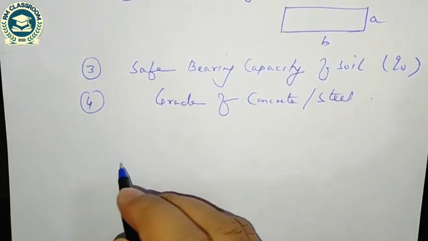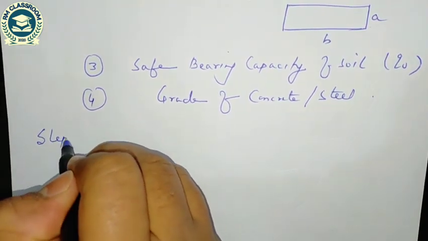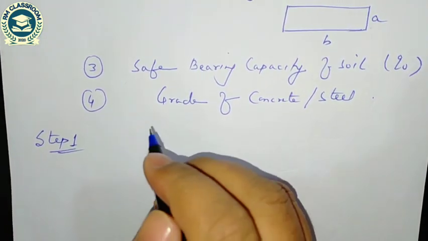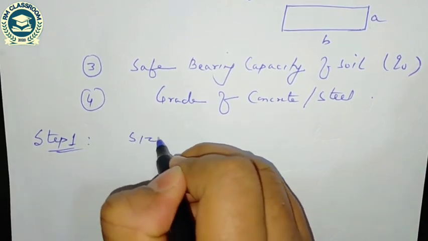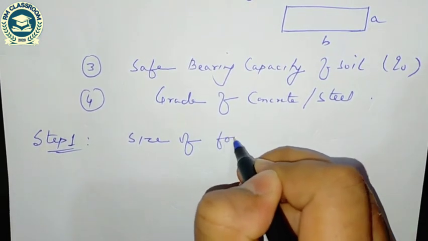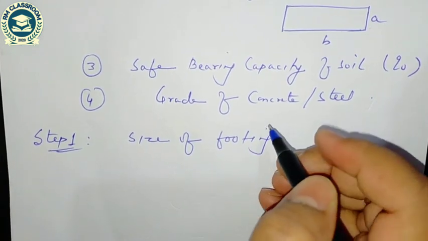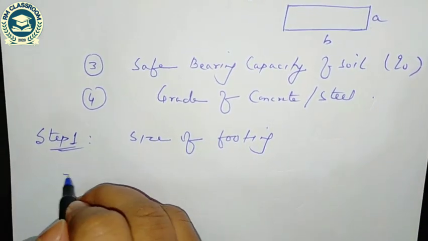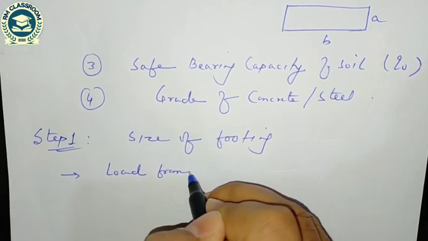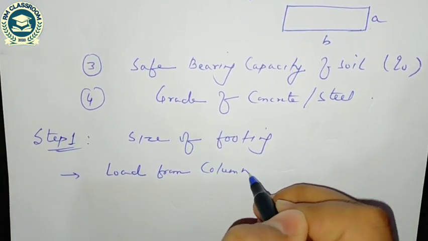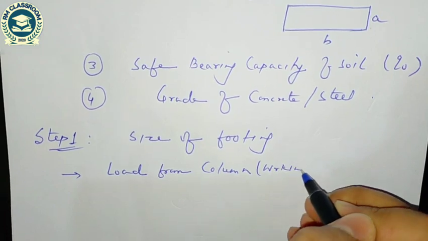So firstly, the first step for the design of rectangular isolated footing is to compute the size of footing. For the size of footing, the load is given, the load coming from the column, and that will be the working load.